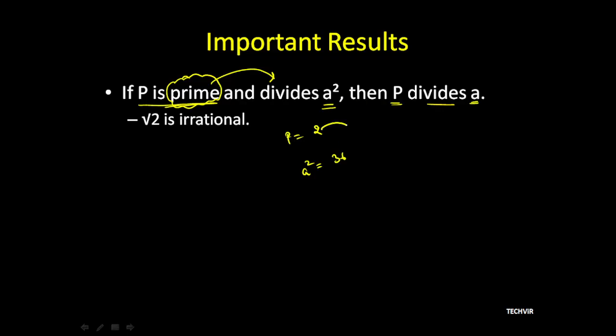Obviously we know that 36 can be perfectly divided by 2, we will get the result 18. So if 2 divides 36, then 2 will also divide the square root of this, which is 6, so 6 will be divided by 2 as well. This result is applicable to all numbers: if a prime number divides the square of a number, then that prime number divides that number also.